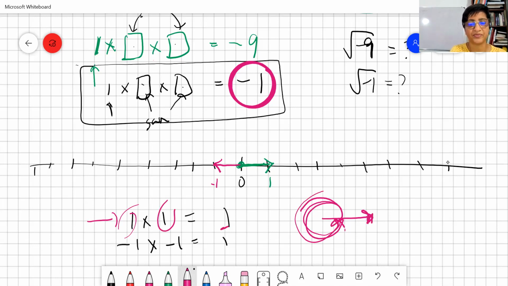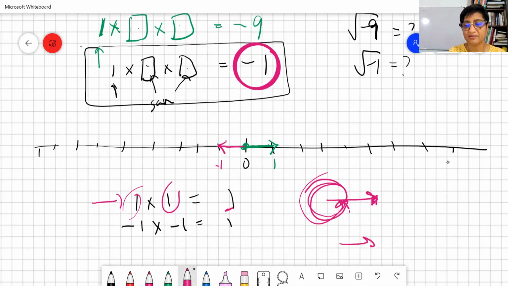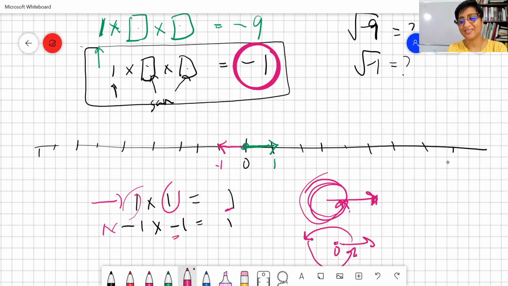So it's 1. -1 times -1 means, how do you get that? You start with 1, and when you say times -1, you turn this way, and with this you turn another 180, and then you are back facing in the positive direction.